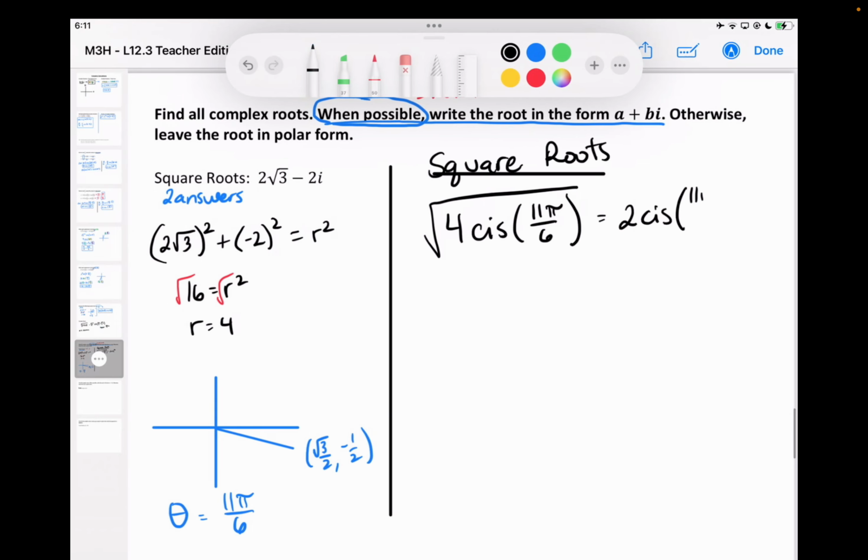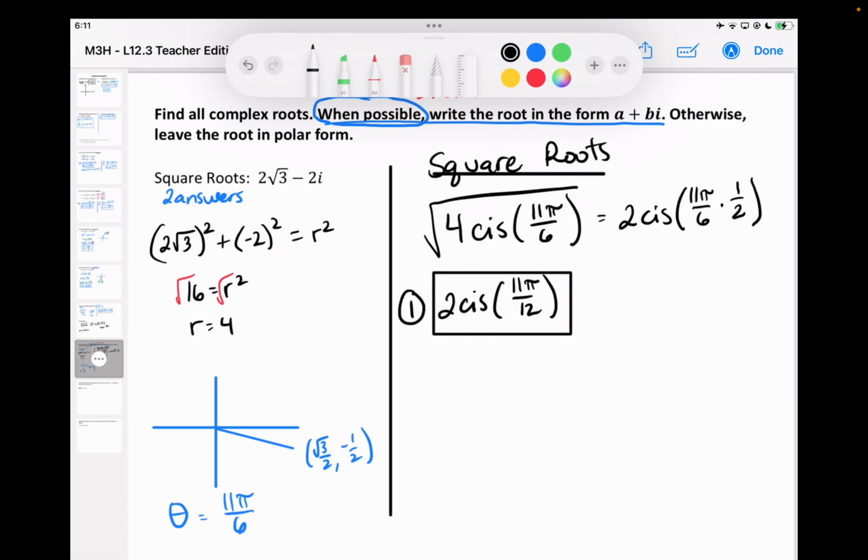And then the angle, I'm going to divide by 2, which is the same as multiplying by the reciprocal. So multiply by 1/2. Now there's 2 solutions we said. So solution number 1 would just be 2 cis, and then 11 pi 6 times 1/2 is 11 pi 12ths. Now that is not a typical unit circle angle, so thankfully we are done with that one.